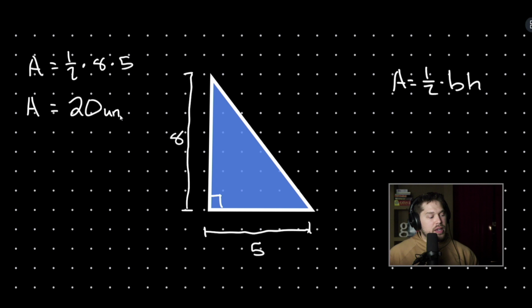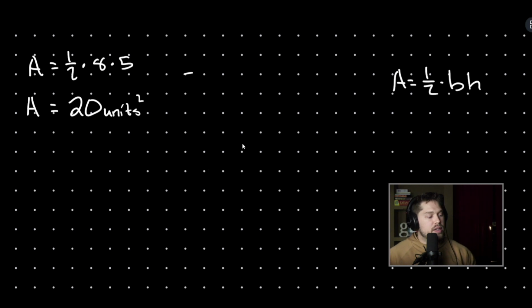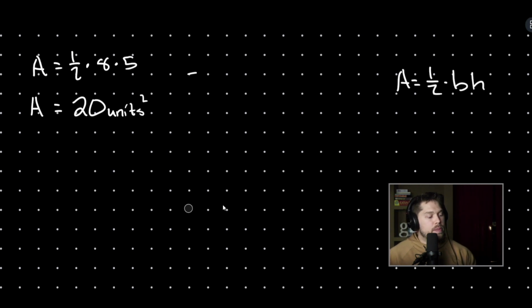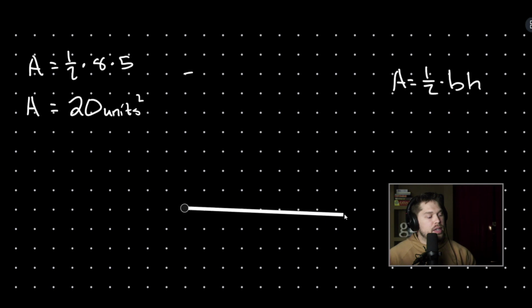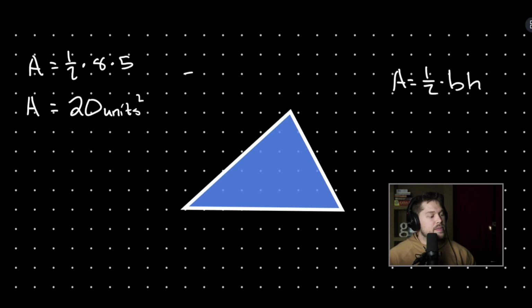Again, you can always say units squared. Now sometimes you're not given just a nice right triangle, but you can still use this simple formula. So let's look at an example of how that would be. Let's change our shape up just a tiny bit. Let's say we have just a triangle that looks something like this.